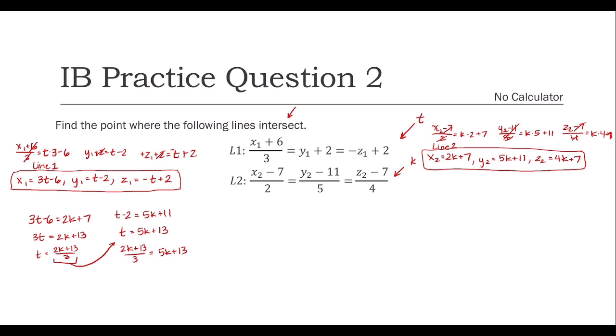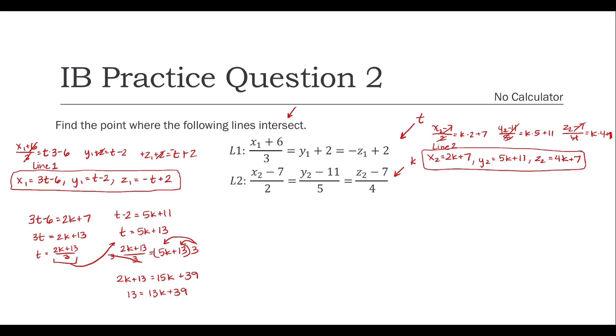To solve for k, we can multiply both sides by 3. So we have 2k plus 13 equals 3 times 5k, which is 15k, plus 3 times 13, which is 39. We'll subtract 2k from each side, so we get that 13 equals 13k plus 39.